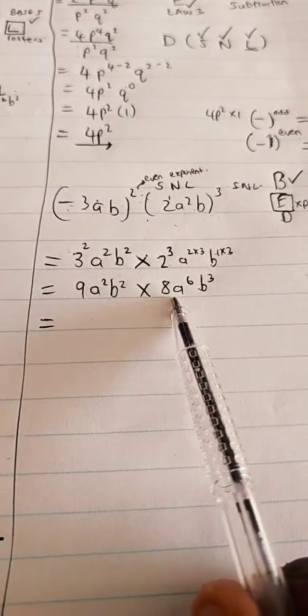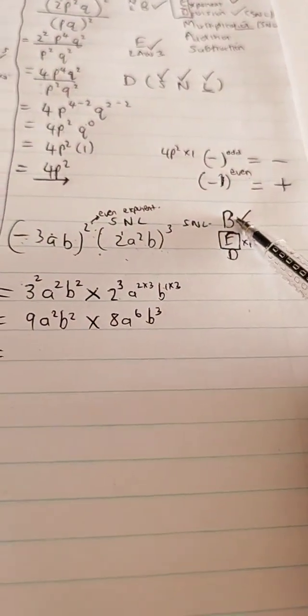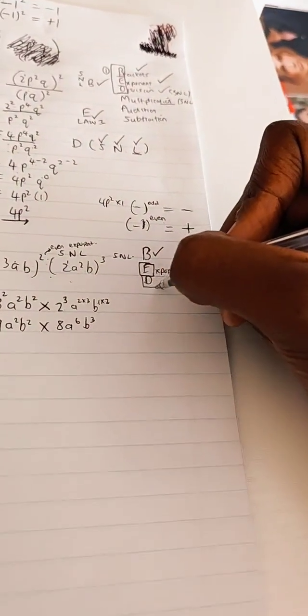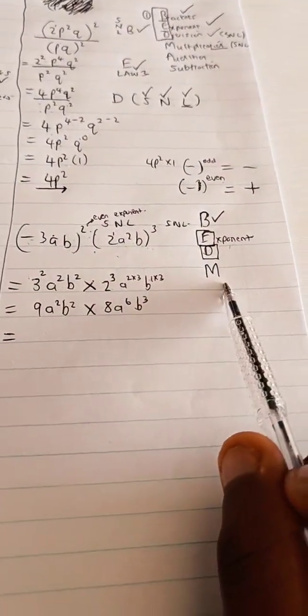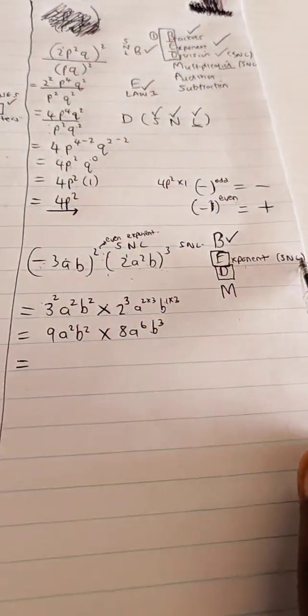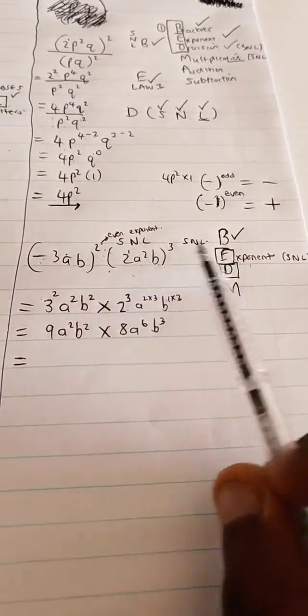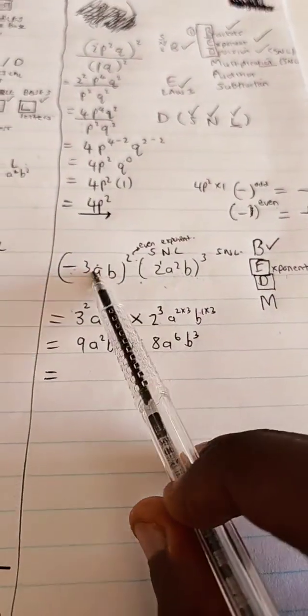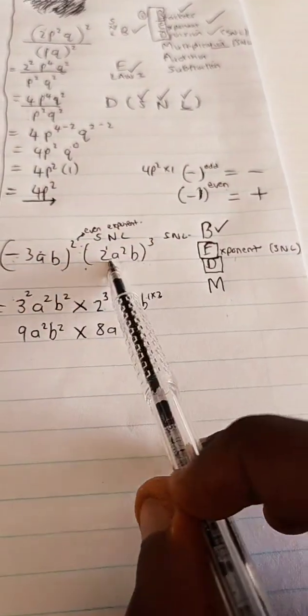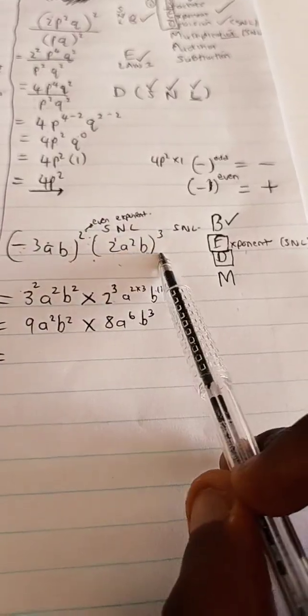We multiply now because we dealt with brackets, exponent, there is no division, so we skip, we go to multiplication. See, when we applied the exponent there, we considered applying the exponent to the sign, to the number, to the letters.